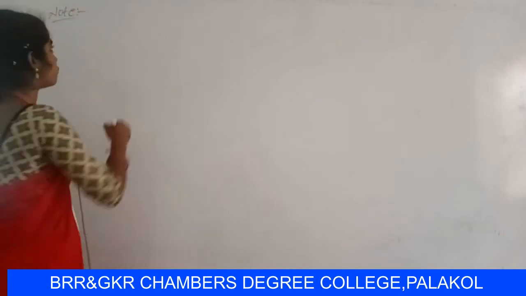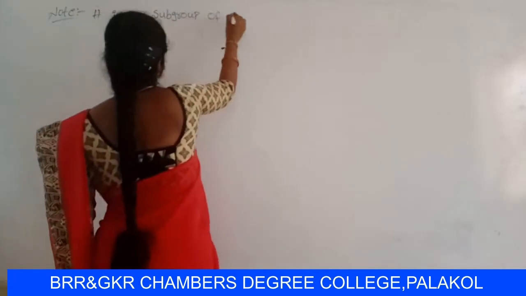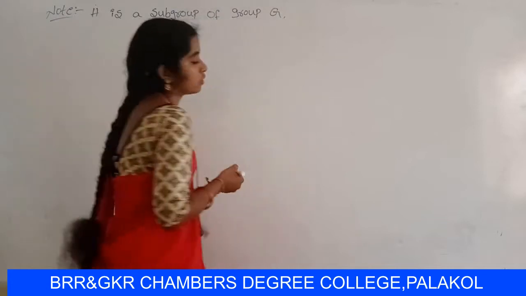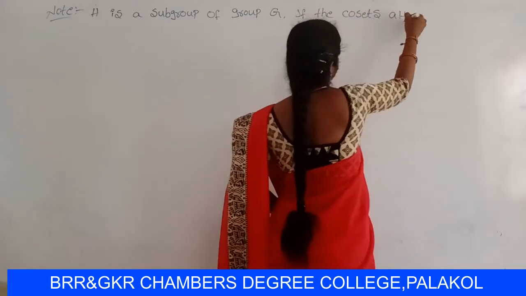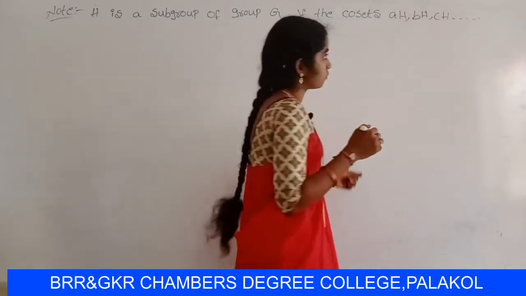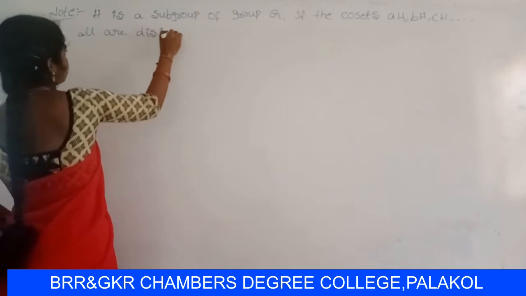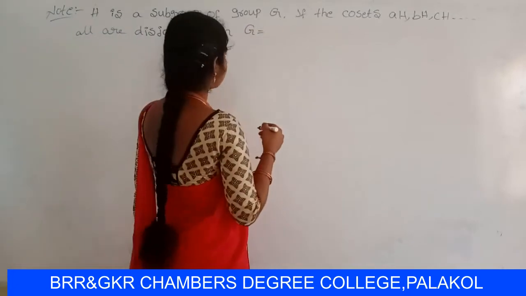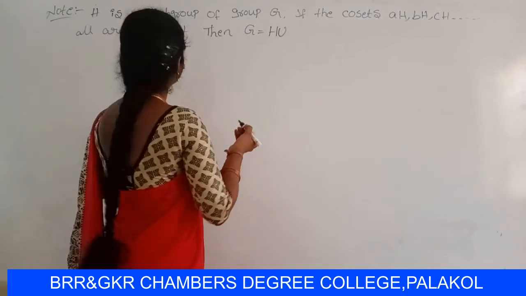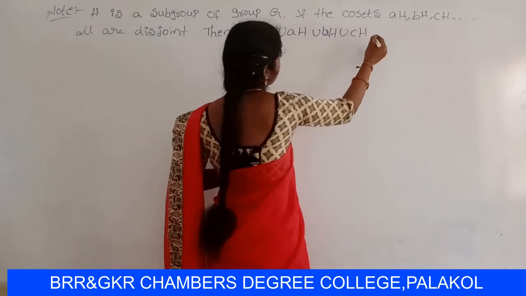Next, note point. H is a subgroup of group G. If the cosets AH, BH, CH and so on are all disjoint, then G is equal to H union AH union BH union CH and so on.